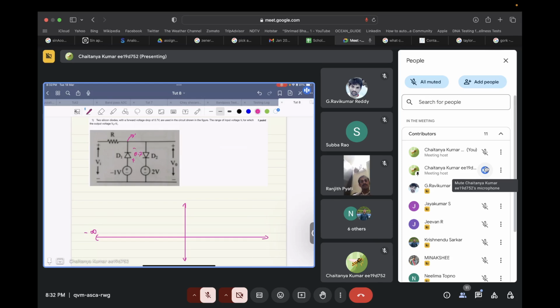What will be our V naught? Minus 0.3. Are you sure? This is minus 1, and then additional, so will this be minus 0.7 or plus 0.7 from here?